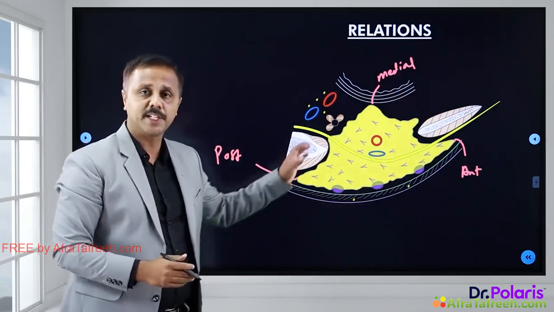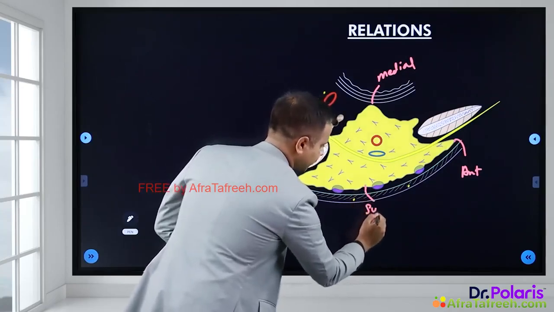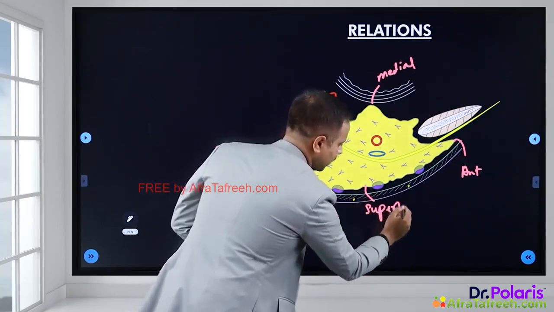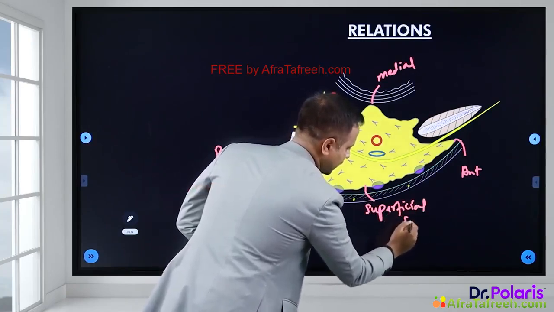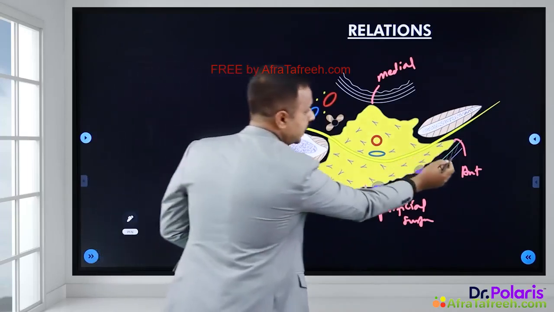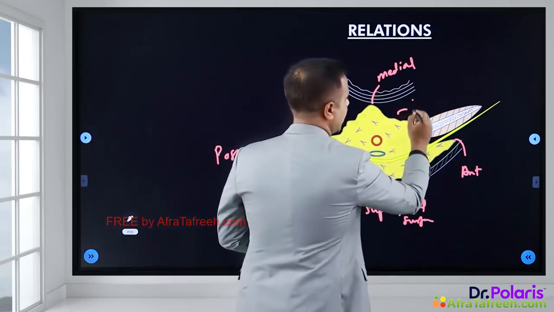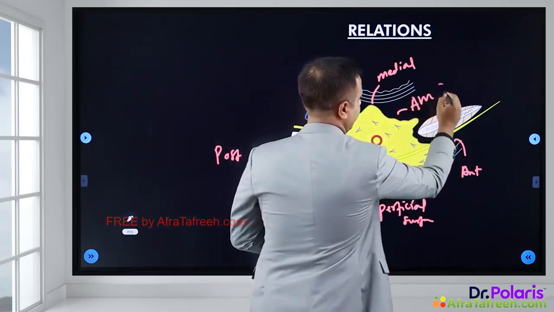In order to do this, we need to identify surfaces. The surface towards the skin, what is this? This is the superficial surface. Right? Then, between the anterior and medial border, whatever surface you have, you call this as anteromedial surface.